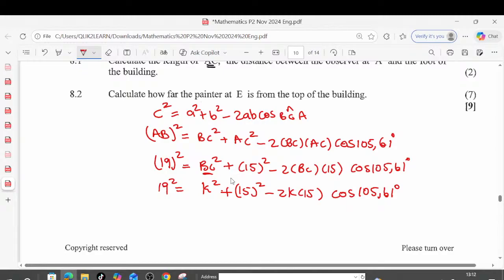I get 361. So 361 is equal to K squared plus 15 squared, that's 225, minus 30K, which is multiplied by, guys, can we just say 2 times 15 times the cos of that. We multiply that by the cos of 105.61. Therefore, we get the answer as negative 8.07.